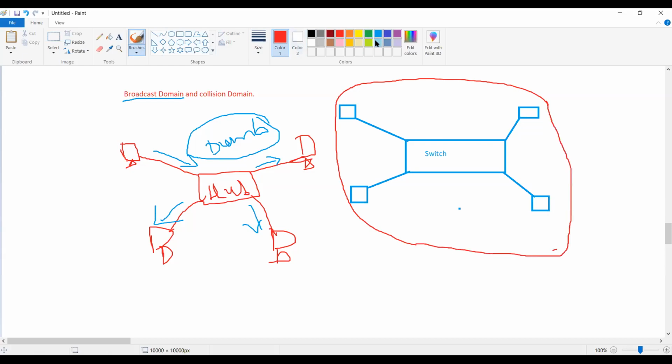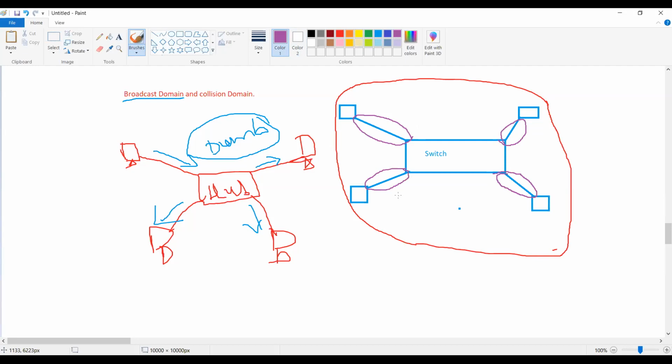And say this other colored one is the collision domain. Am I clear?